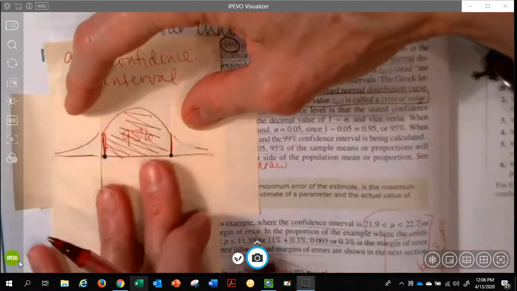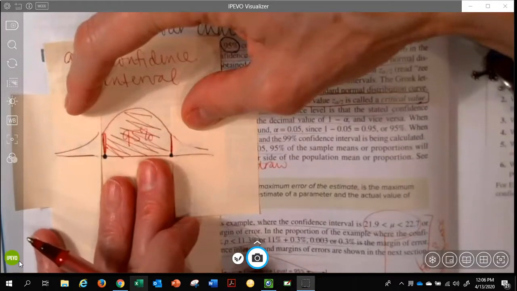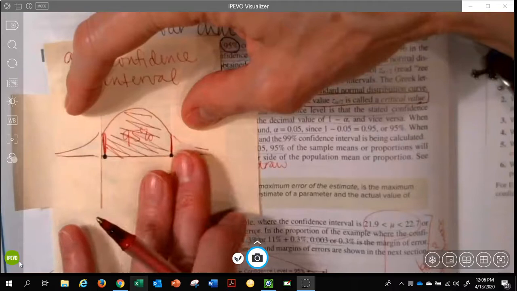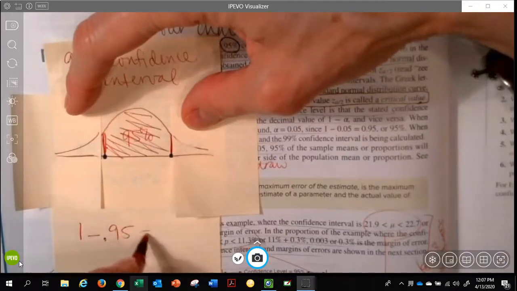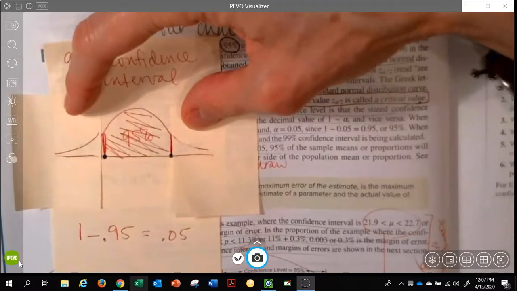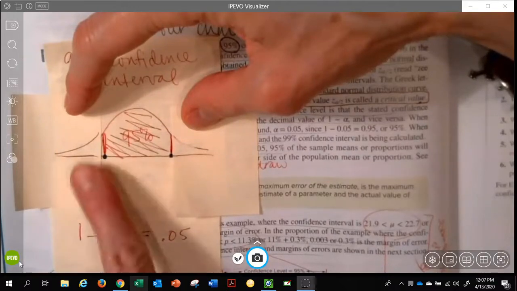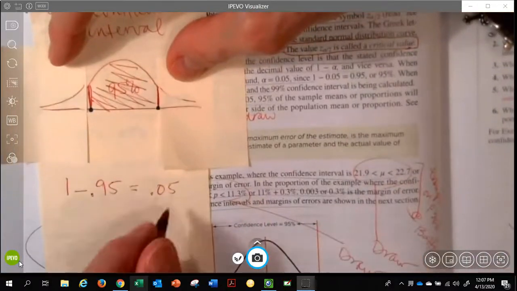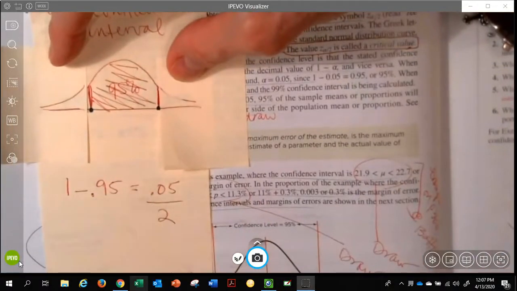So if 95% of our area is under this curve, then the rest is left for these tails over here. So if I subtract this off from 1 or 100, either way, can you agree that I end up with 5%? But it's not 5% here and 5% here, it's 5% split between the two.